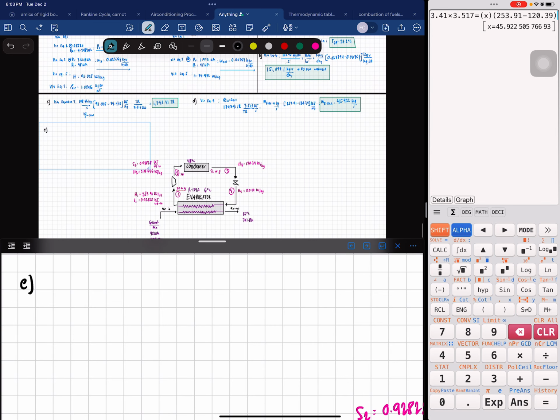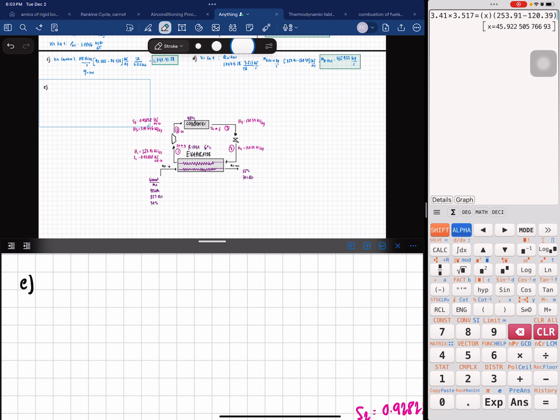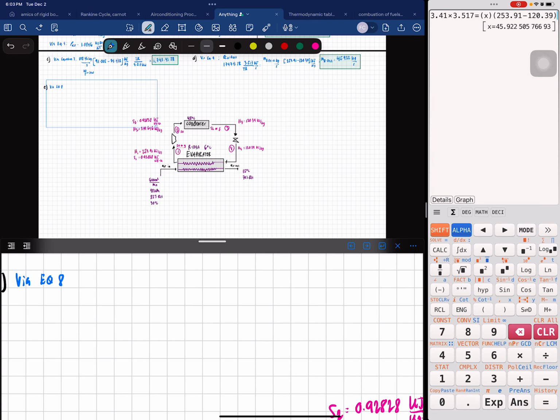COP again via equation 8. Well, there are two ways to solve for the COP. Again, COP is simply TR over the work of the compressor, actual work of the compressor.